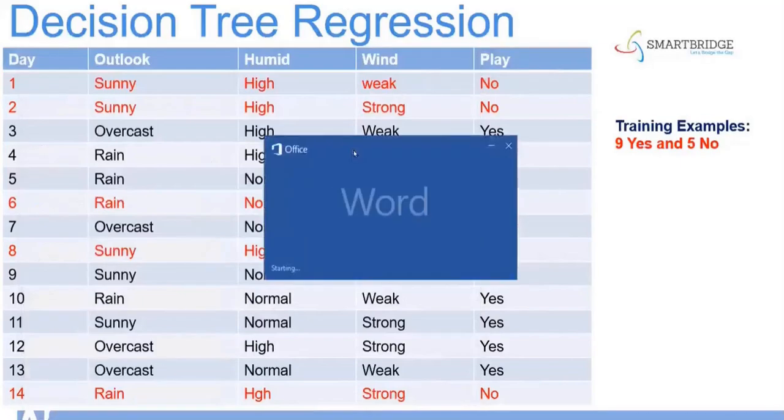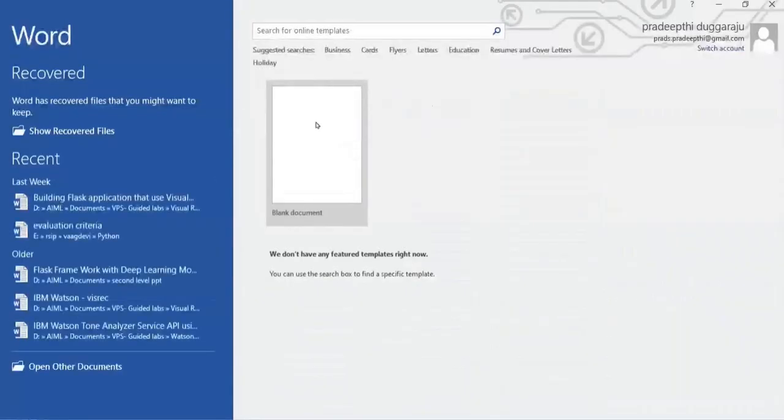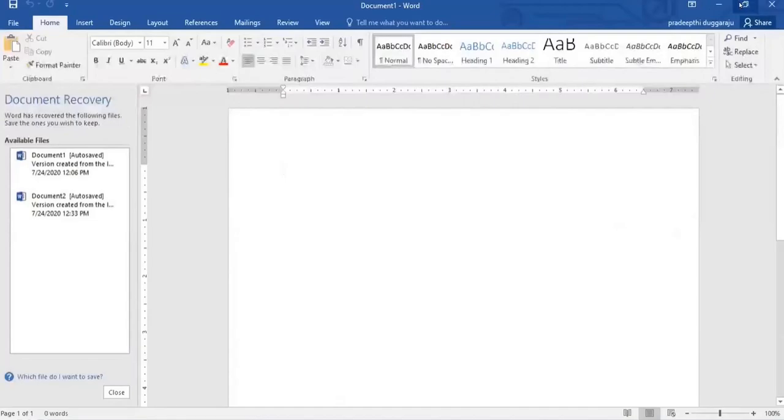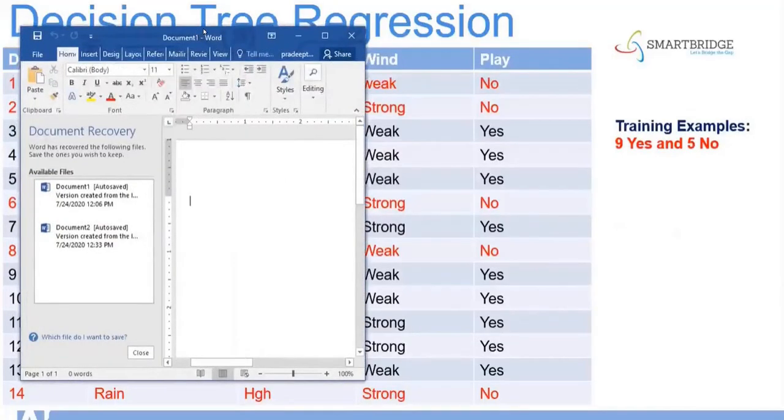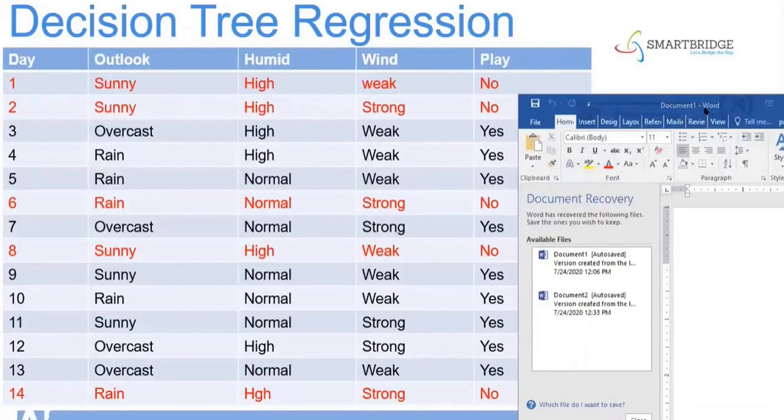Now tell me from this, what are the observations of the wind? Can you please tell me? I have 9 observations, right? So now coming to weak, how many observations are there for weak?